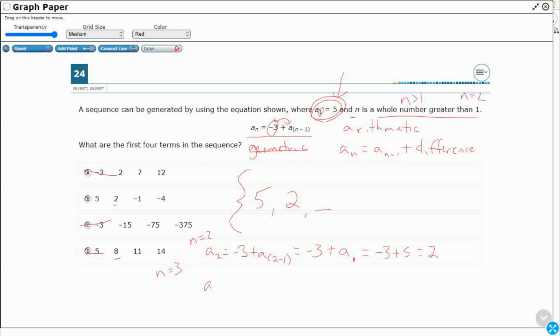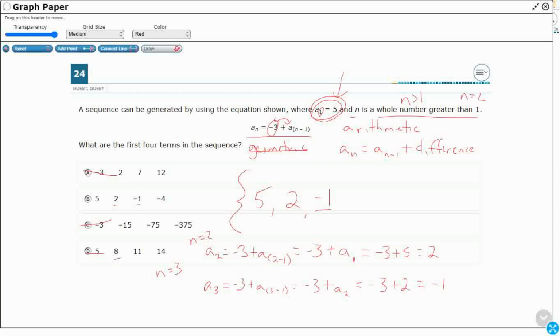Well, a_3 equals, and then we just copy down again, negative 3 plus a, and then our 3 goes right there where the n would go, minus 1. So negative 3 plus a_(3-1) makes a_2. So we need the second term in the sequence. So negative 3 plus, what's my second term in the sequence? It's going to be 2. So negative 3 plus 2 makes negative 1.